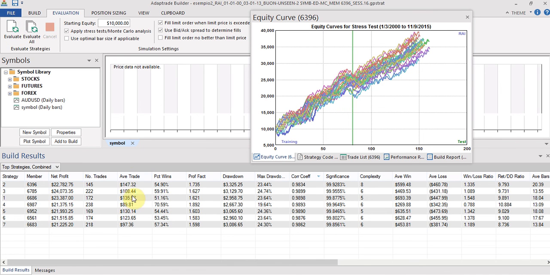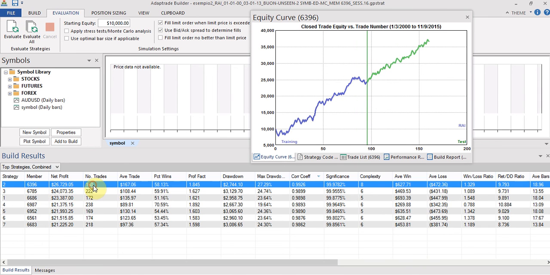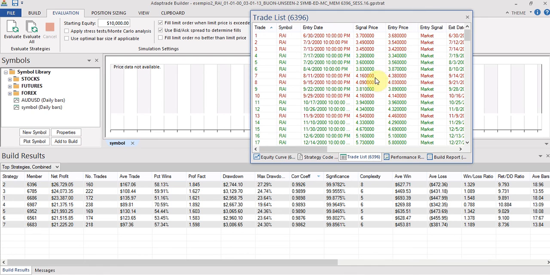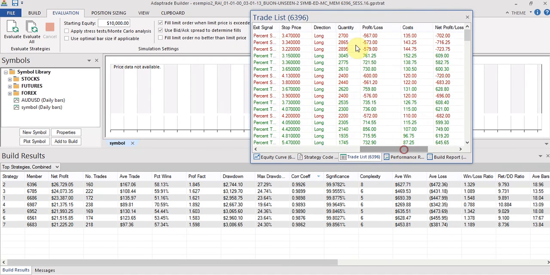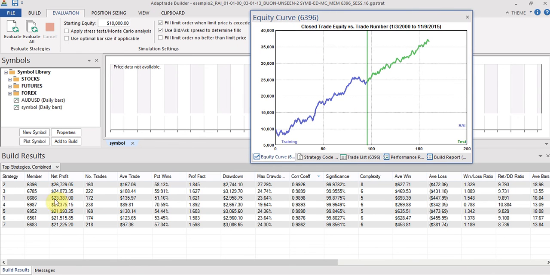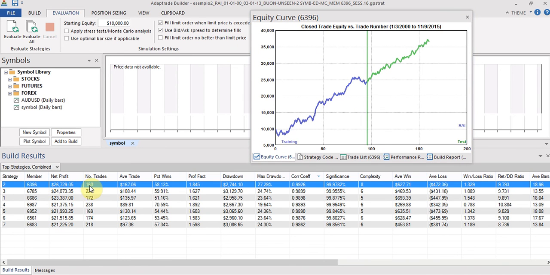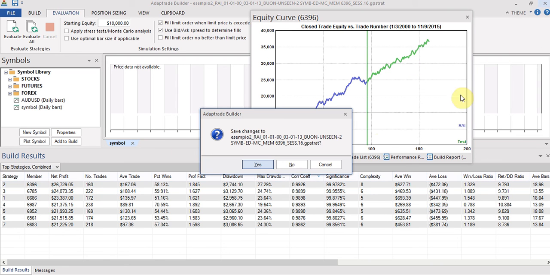It's a long only system, so the number of trades is not so high. It does not include any short position. However, I think 160 trades might be a bit low.